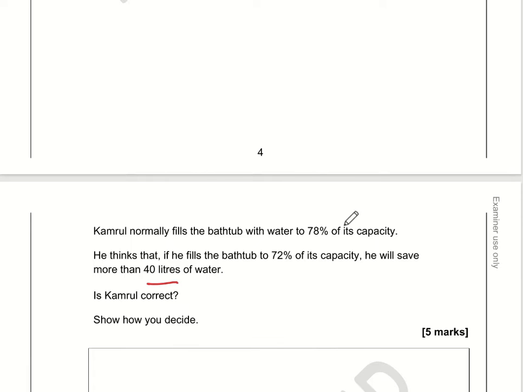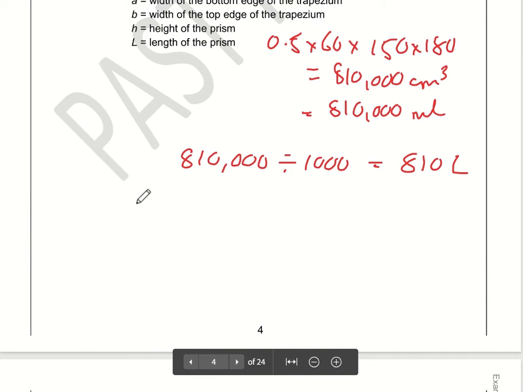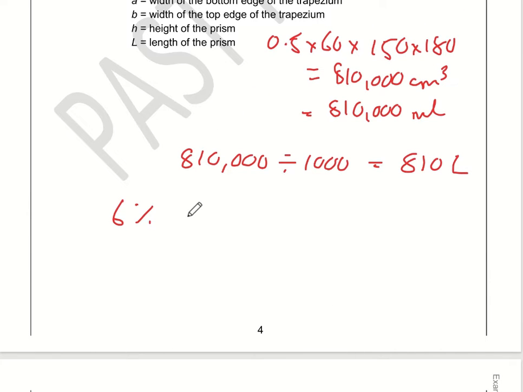He normally fills it to 78%, but this time he's only filling it to 72%. That is a difference of 6%. So the final calculation is what is 6% of 810? The calculation is 0.06 times 810. 0.06 is the percentage multiplier for 6%.